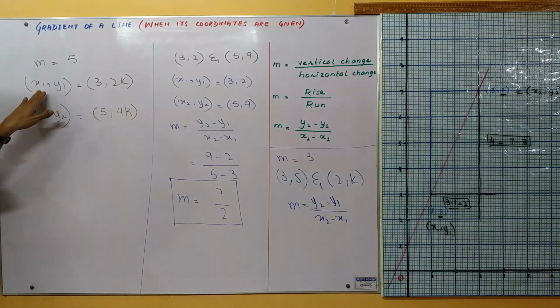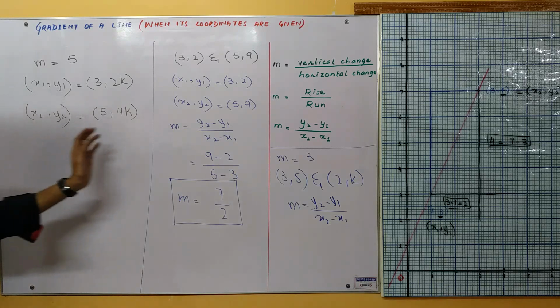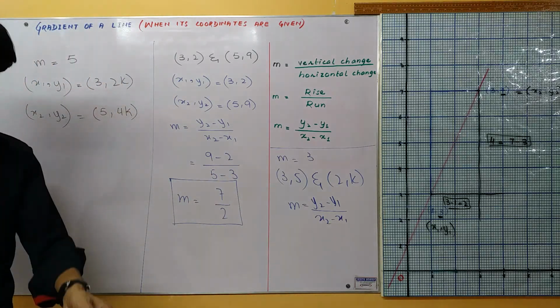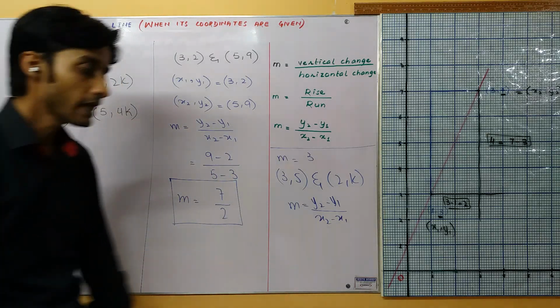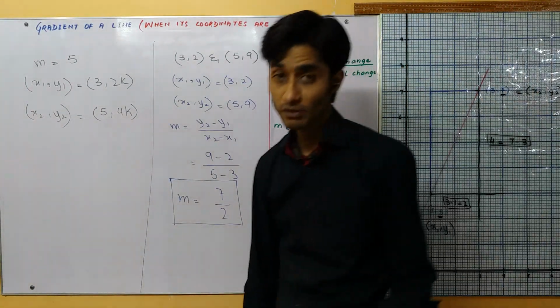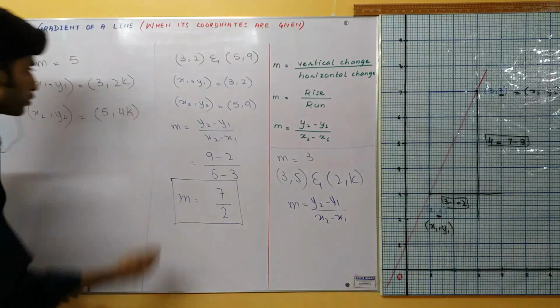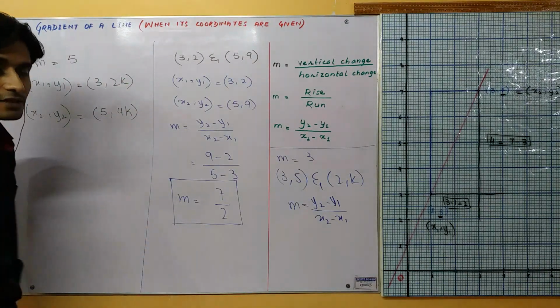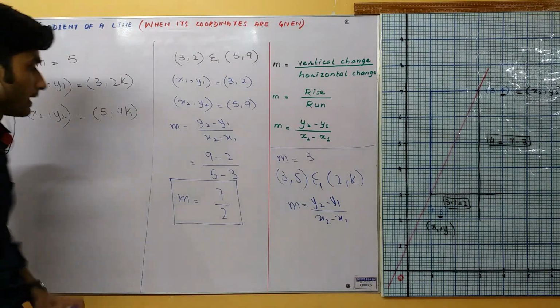Slope is there, x1 is known, y1 is in terms of k, x2 is there, y2 is again in terms of k. All together there is just one variable again.